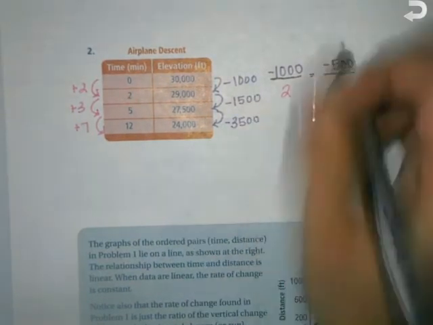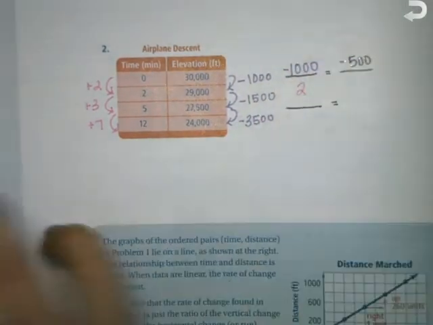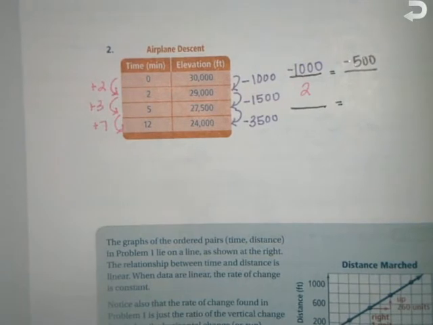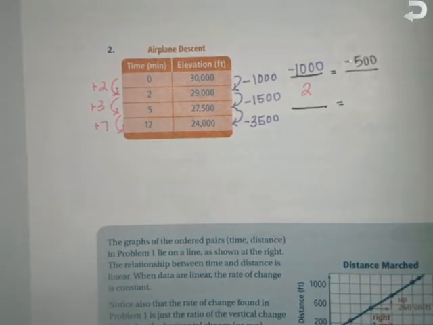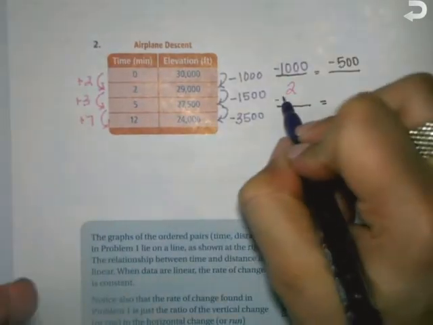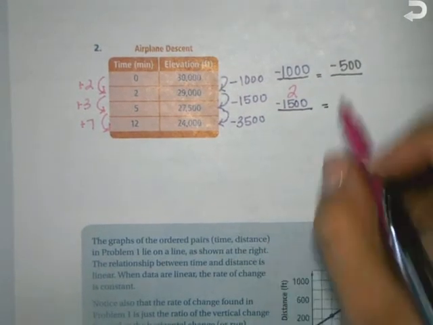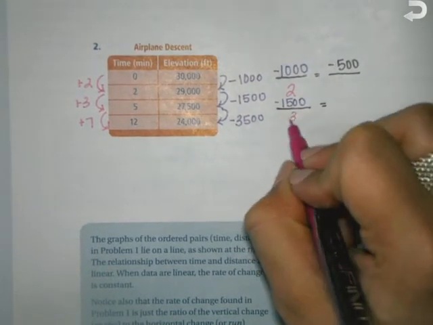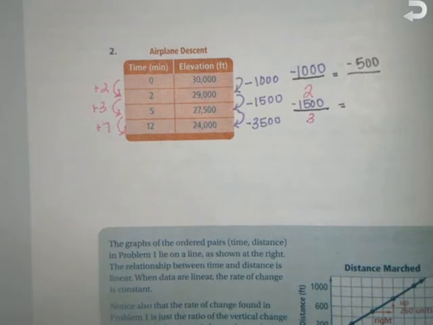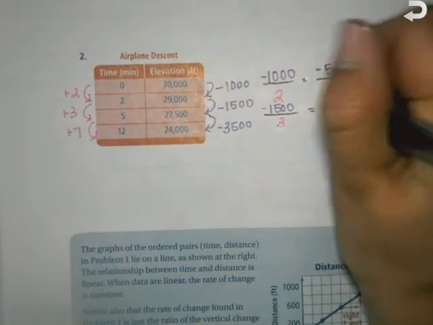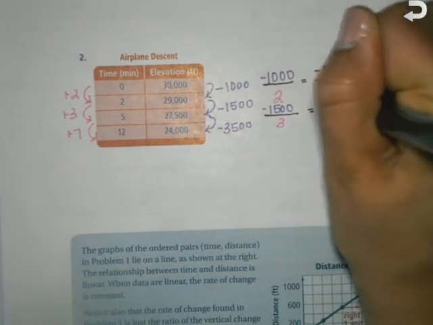So let's do the second interval. Our dependent variable we already determined is changing by negative 1,500. And our independent variable is changing by what? 3. What does negative 1,500 over 3 reduce to? Good, negative 500.